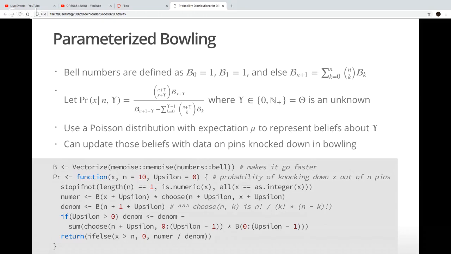But upsilon doesn't have to be 0. It could be 0, 1, 2, 3, any of those. We still get valid Bell numbers. And so that gives us a parameter space theta that we can think of upsilon living in, and that's the non-negative integers.